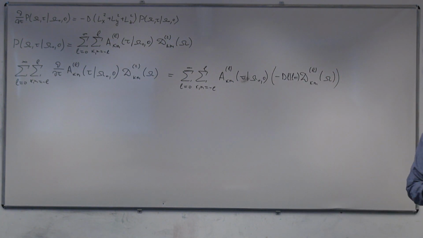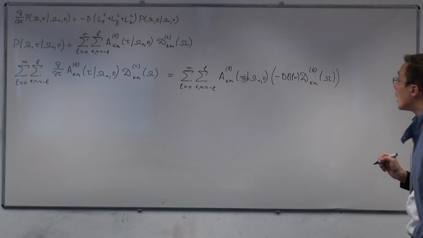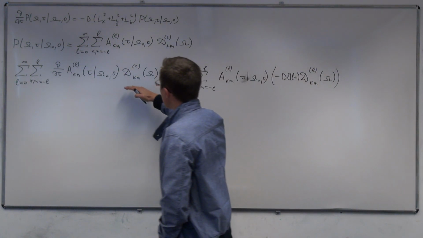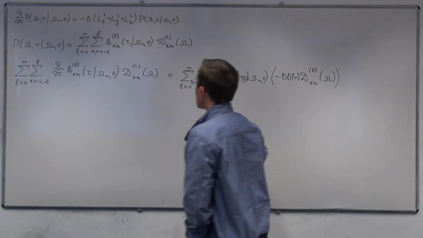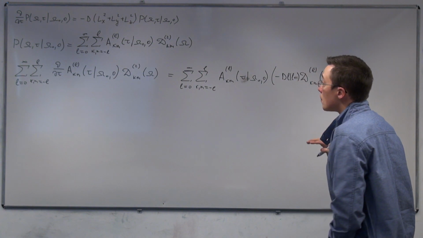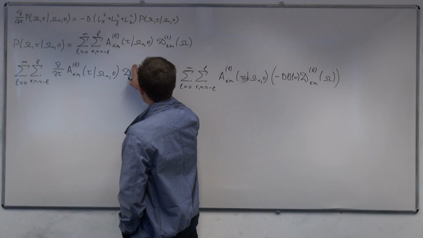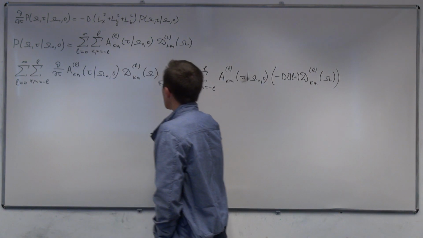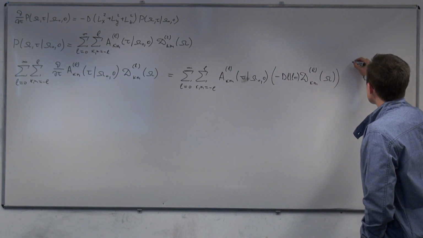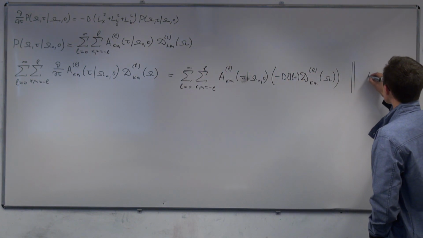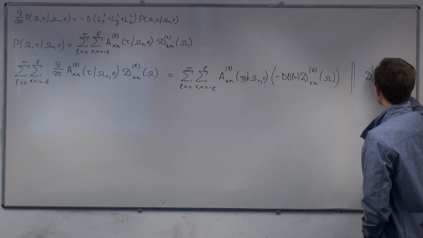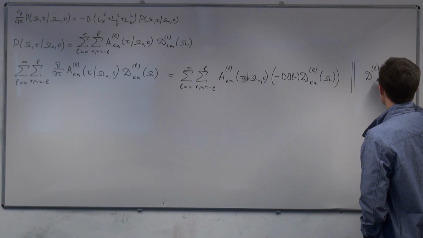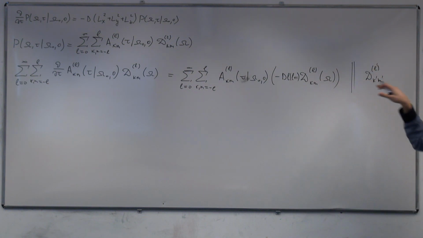Now, Wigner functions are orthogonal, and so we can just multiply this equation on either side by a Wigner function. It should also be L, by the way, of a particular kind. So let's just say we have it multiplied by L prime, k prime, m prime, and integrated over.